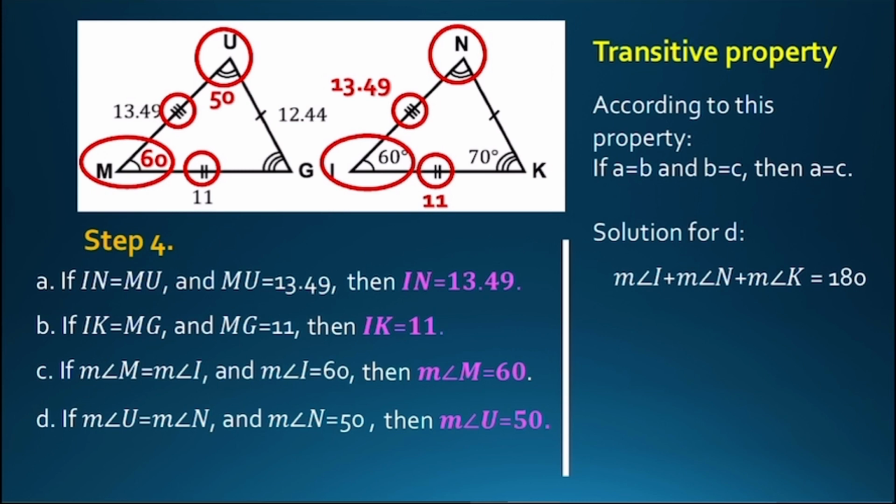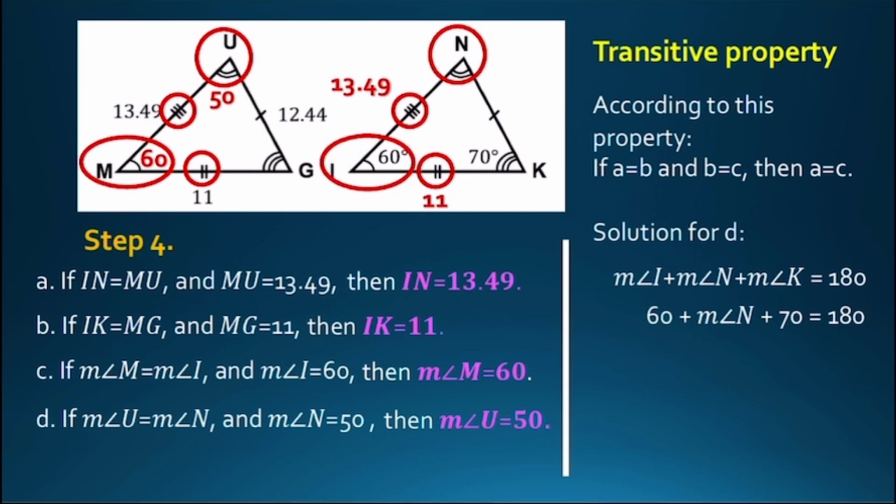So now, let's substitute the degree measure for the respective angle. The degree measure of angle I is 60, plus, since we're looking for the degree measure of angle N, plus the 70, which is the degree measure of angle K, is equal to 180.